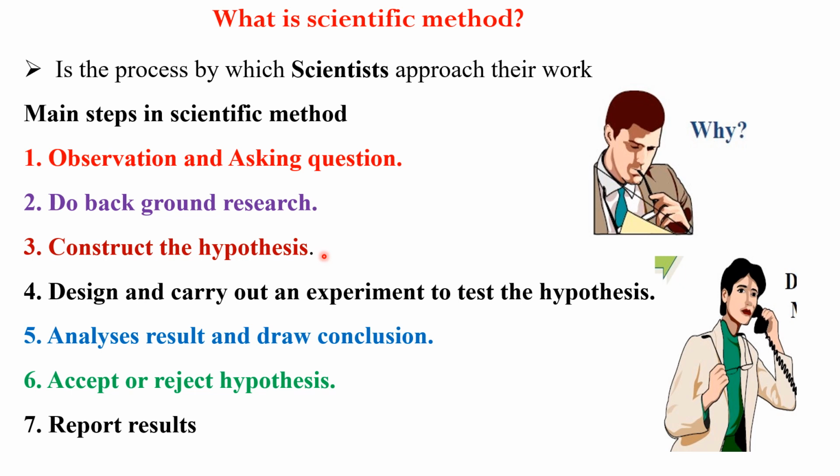You remember, I hope, and I am presenting it in a clear way. Next, we design methods and carry out an experiment to test whether the hypothesis is accepted or rejected.